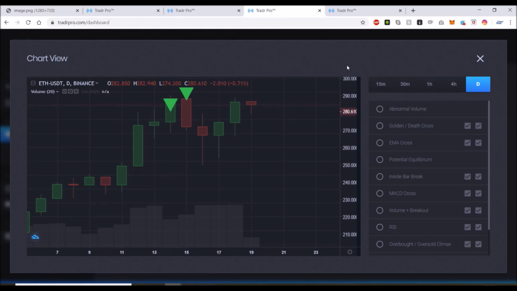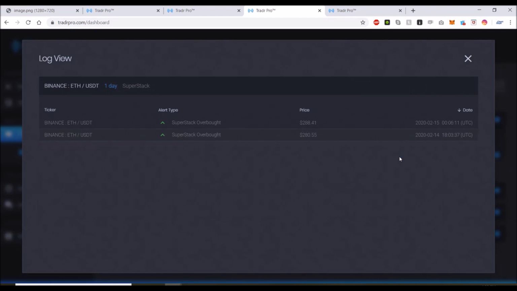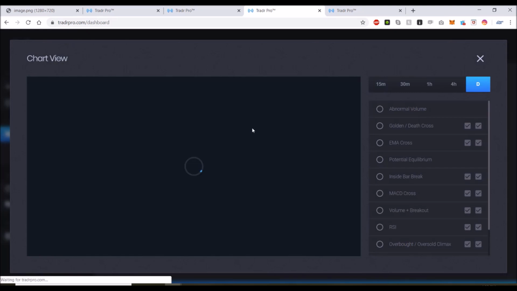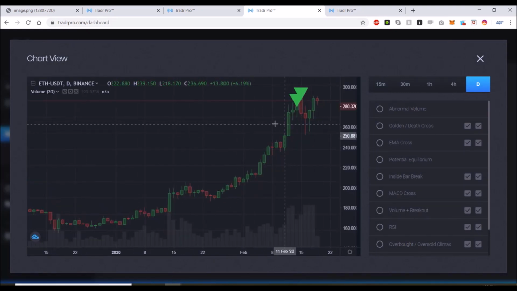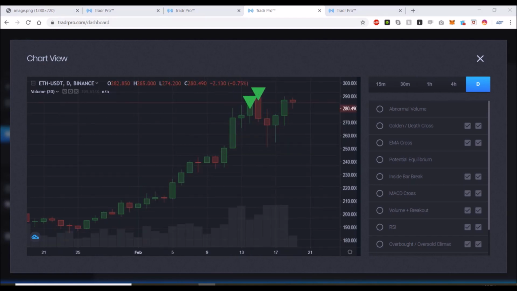If I want to look exactly where they fired off, I exit and go into the log, and it tells me exactly the price and the time that the alert went out. So the first one went off at 280, we continued a bit higher to 288.41, and we look at the chart, and that marked the top. The top was 288.41 to the penny. We then pulled back to 237, so we pulled back again 20%.